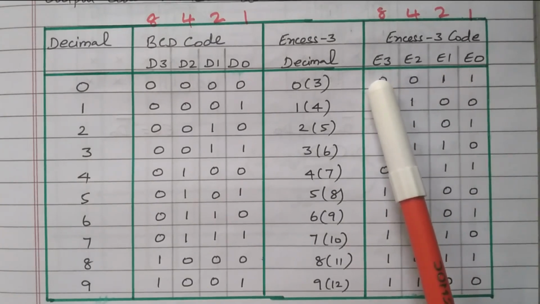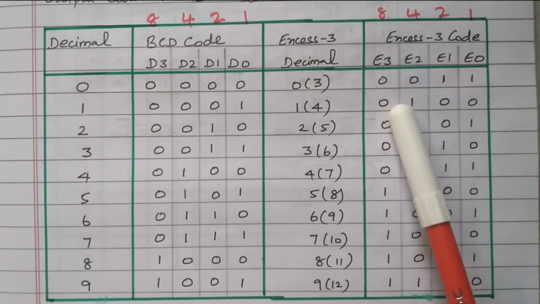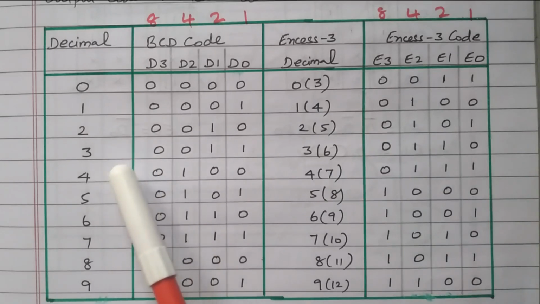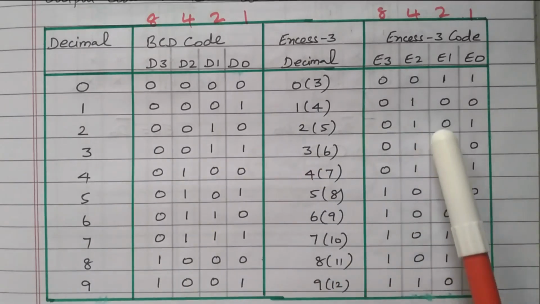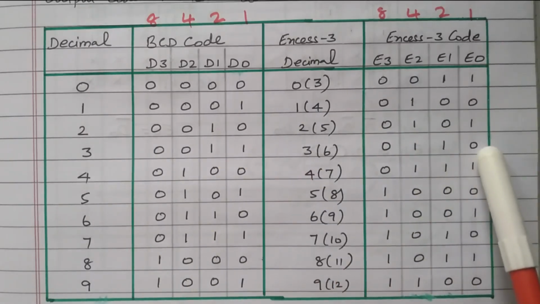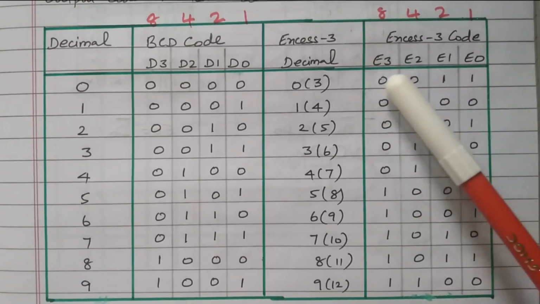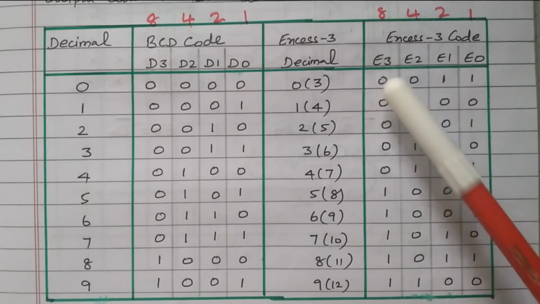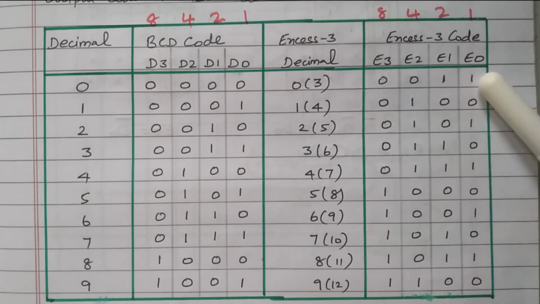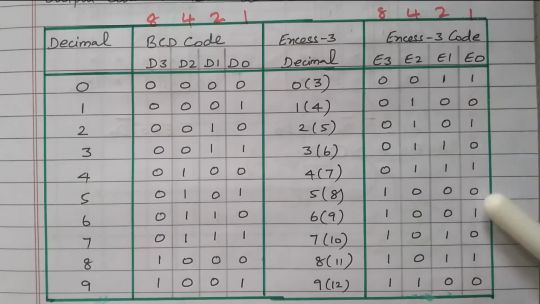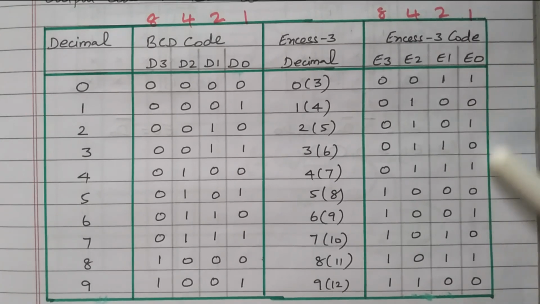Then that logical expression should be implemented with the logic gates, so that we get the input decimal to output excess 3 code. Now we'll go to the Karnaugh map. By using the Karnaugh map, we can obtain the simplified form of the Boolean function for E0, E1, E2 and E3. Wherever 1 is available, it is marked as 1. Wherever 0 is available, it is marked as 0. For example, in E0, 1, 2, 3, 4, 5, 5 ones are available.